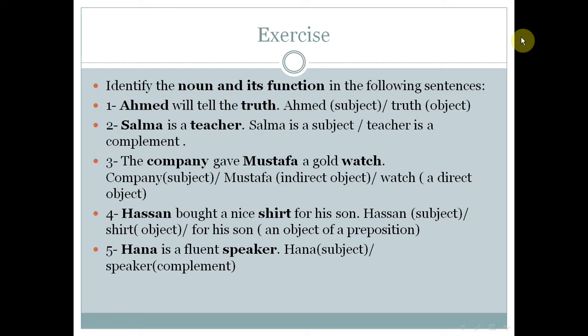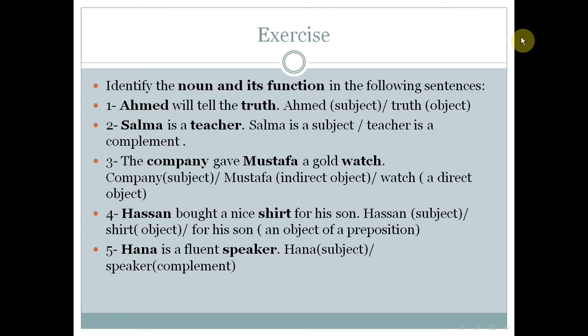So, the company gave Mustafa a gold watch. Company is the subject, Mustafa is the indirect object, and watch is the direct object. And we have a lesson about direct and indirect objects in the next lectures, inshallah.